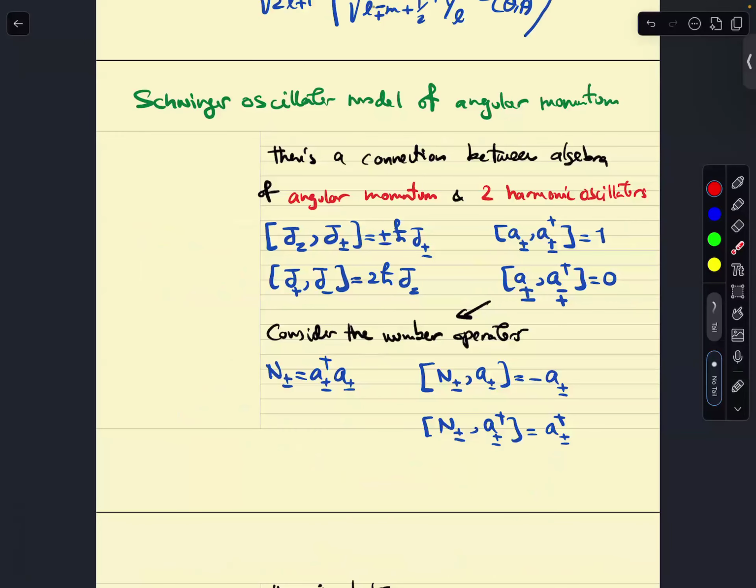So today, I'm first going to give you another way of thinking about addition of angular momentum, due to Schwinger, that relates this SU(2) algebra we've been talking about to the algebra of the simple harmonic oscillator, the creation and annihilation operators.